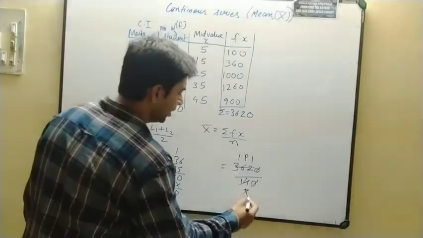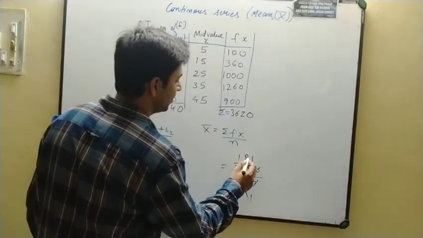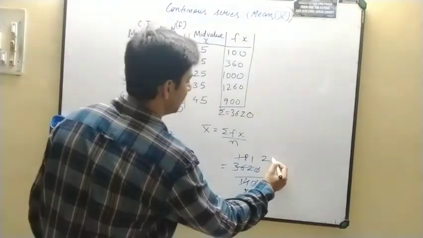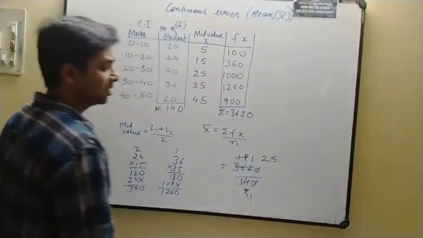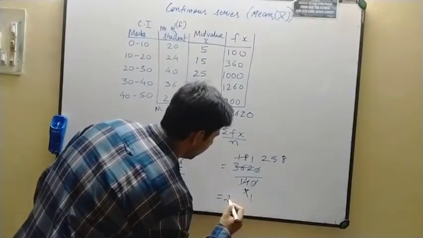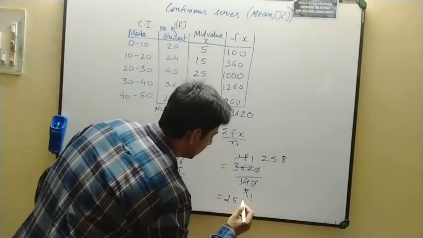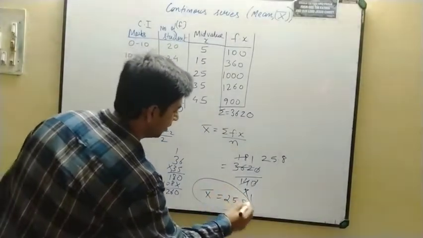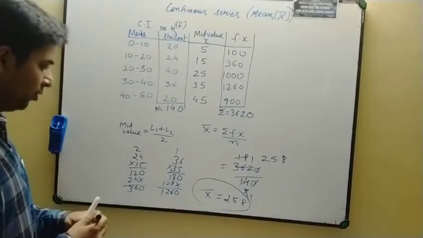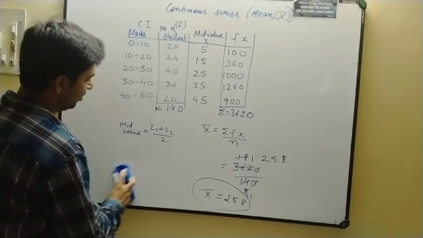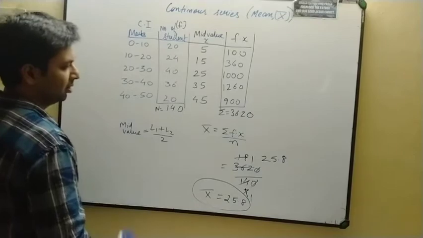Now we can proceed: 7 1s are 7, 7 2s are 14, 4 remaining, 7 5s are 35, 6 remaining, 60, 7 8s are 56. So 25.8 will be your x bar, or your mean. This is how we can solve this numerical. Let me remove all this rough work.